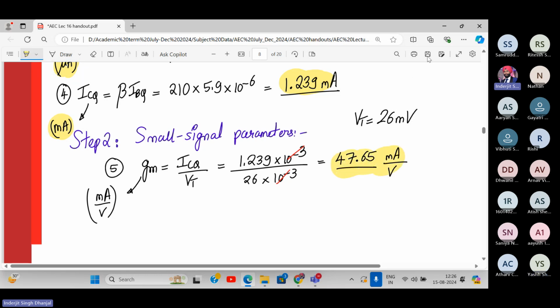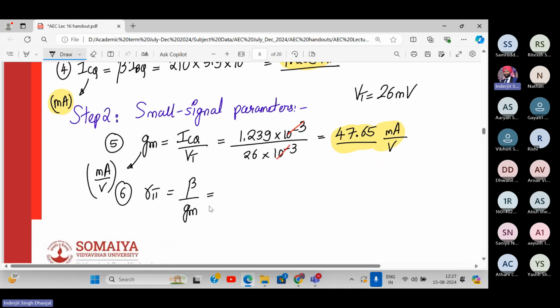But you're getting this answer, right? Yes, sir. Now what do we do next? R pi. What is R pi? Beta upon GM. Yes or no? So beta is 210. GM we have just found out, 47.65 into 10 raised to minus 3.